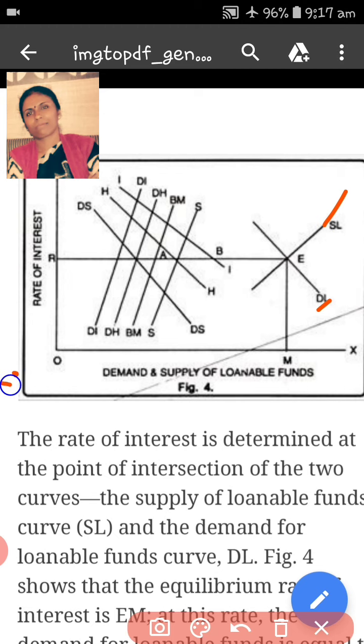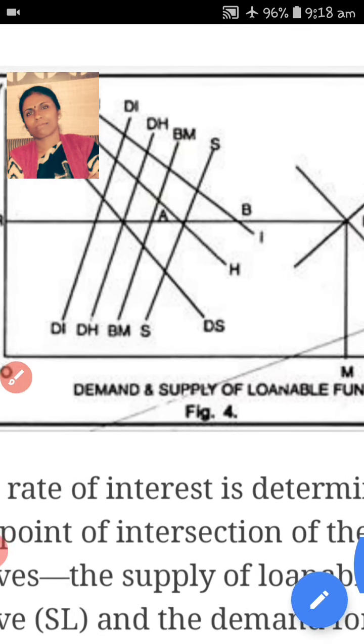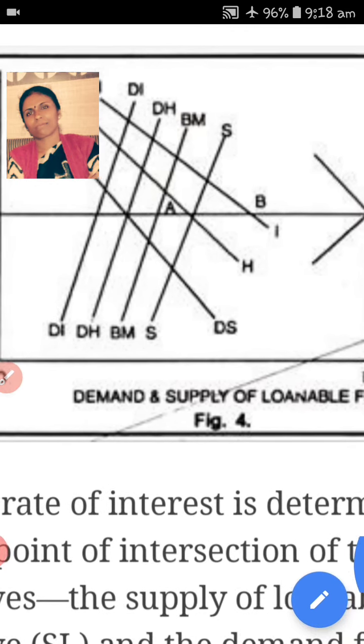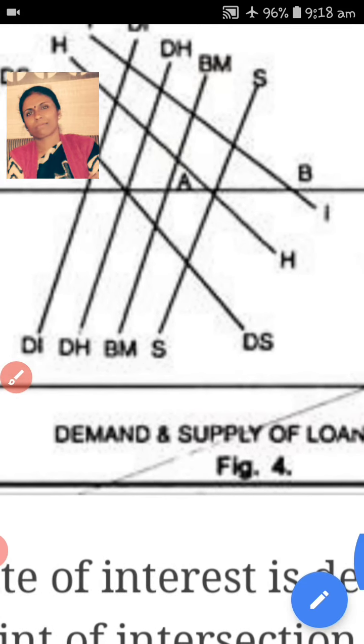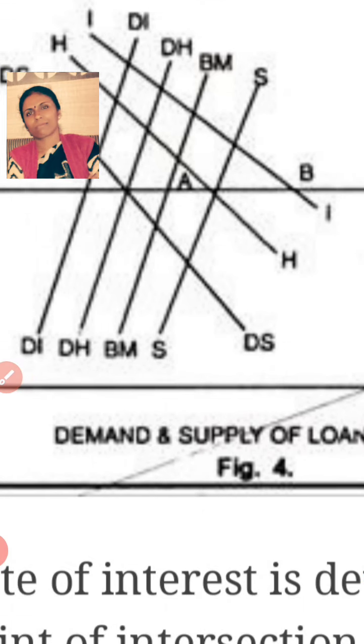Then the demand curve slopes downward and the supply curve rises upward. Then how are all these things determined? Yes, what the demand includes and what supply includes, how they are determined. And see here, the demand curve slopes downward from left to right. So this includes nothing but demand for and supply of loanable funds.